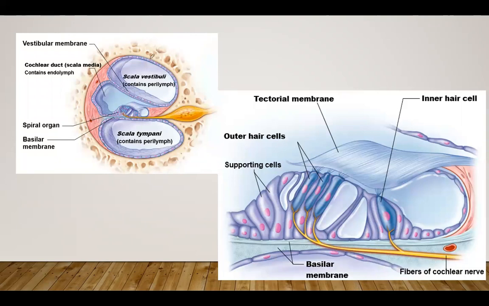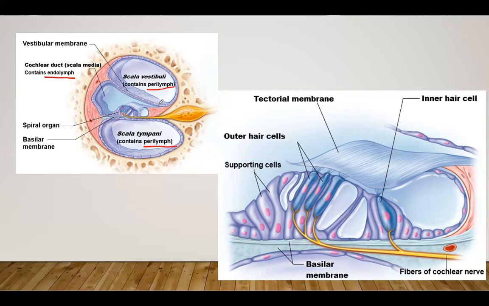The one on the top, as you can see on the previous picture, is your scala vestibuli, the original one, and it contains the perilymph. You have the middle section, which is called the scala media or the cochlear duct, that contains endolymph. And then the bottom one, which is ending toward the tympanic membrane or toward the round window, is called the scala tympani, which is the continuation of the scala vestibuli, and therefore it does contain perilymph.